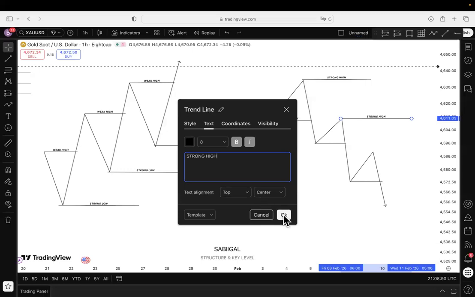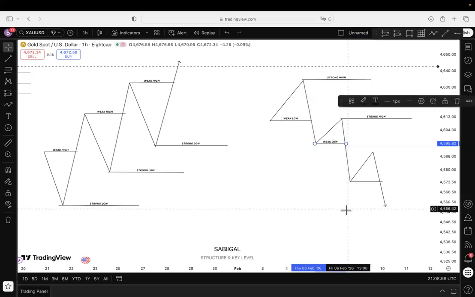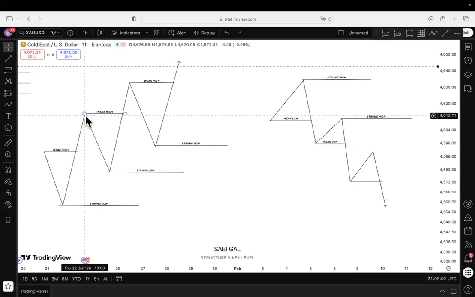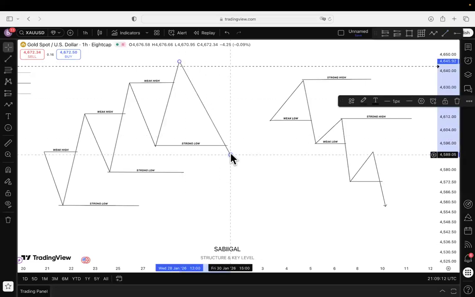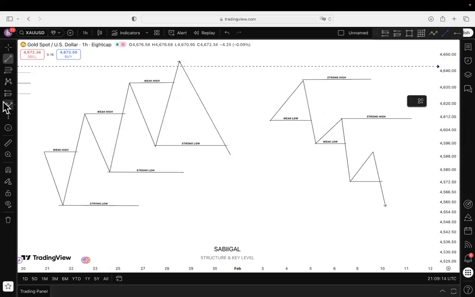So this is a strong high. This is the weak low because they got taken out. The same as this as well. So whenever this gets taken out, the entire thing that happened here is basic. Now, in the basic, it is said that once one strong low gets taken out, price should continue selling.